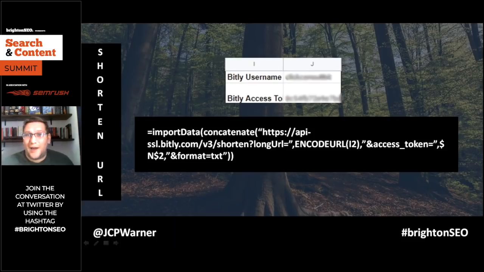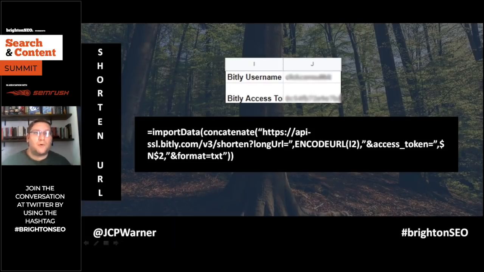So on either another page, another tab, or just out of sight of the rest of your data, you'll just need to put a Bitly username and Bitly access token box, which you can fill in with your API key and your username. There is a guide on Bitly as to how to access your API token.